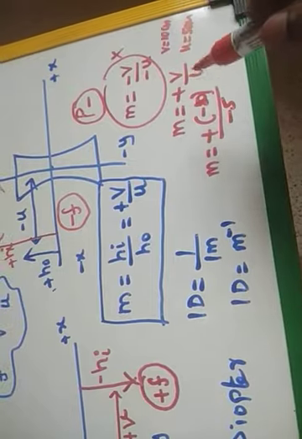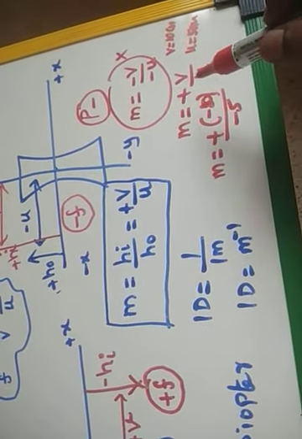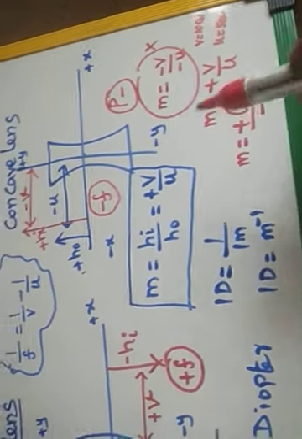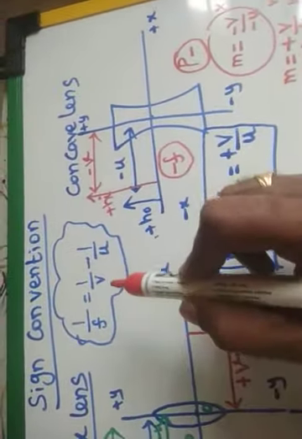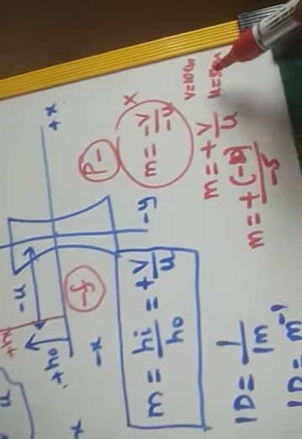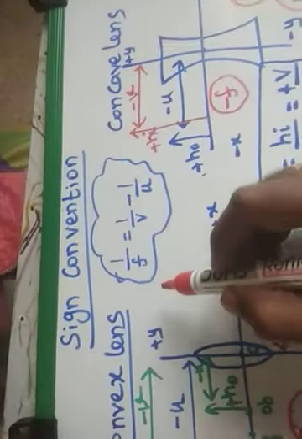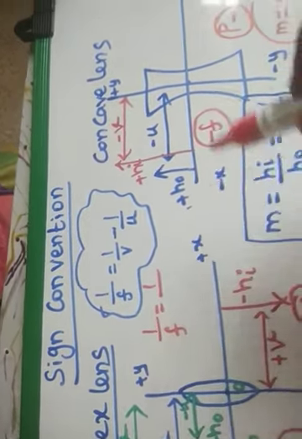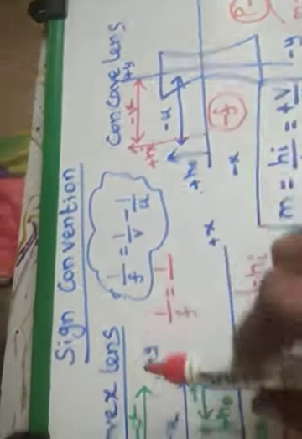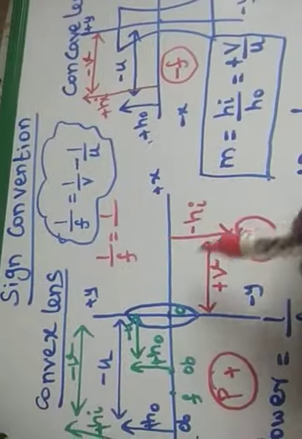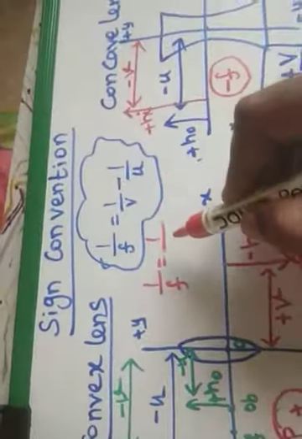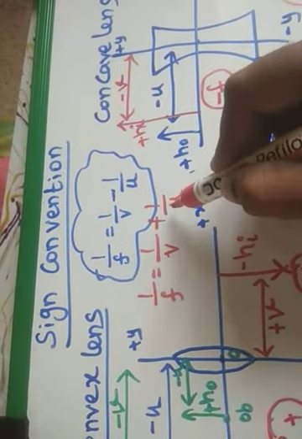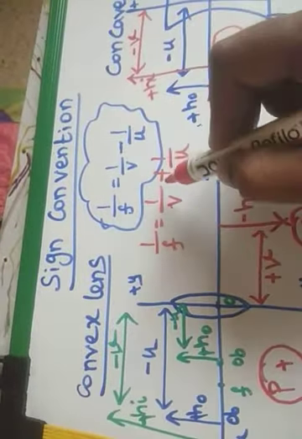So that's why I am saying don't substitute the sign conventions in the letters, substitute them in the numbers. One more example: if you take u equal to 5 centimeter and v equal to 10 centimeter, here what you have to write is 1/f equal to 1 by... Some students will take that for a convex lens v is positive and u is negative, and directly write 1/v plus 1/u, because u is negative, so minus into minus is plus.